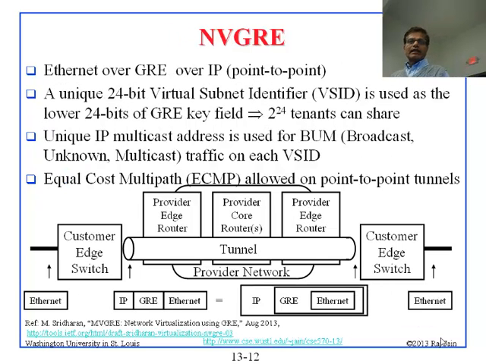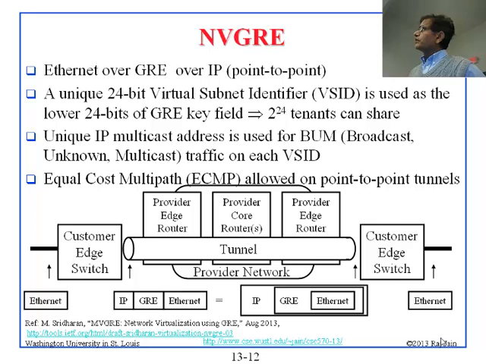Okay, all right. So the first protocol then we use with GRE is NVGRE, network virtualization using GRE, and that is Ethernet over GRE over IP. So basically we got rid of MPLS. A unique 24-bit virtual subnet identifier is used in the key field.